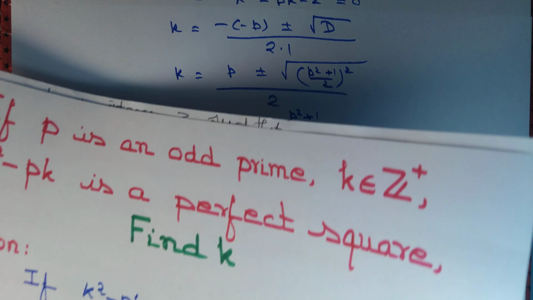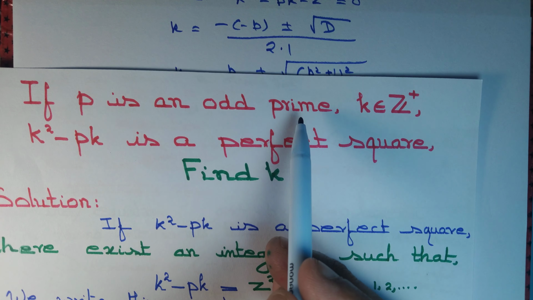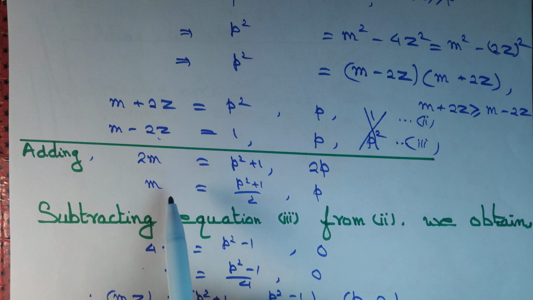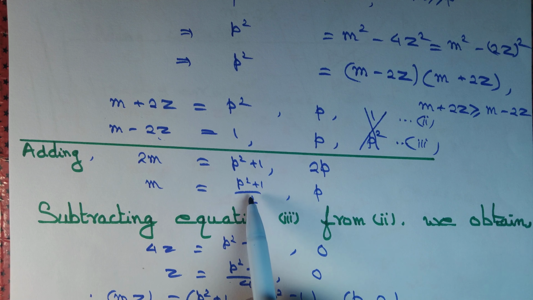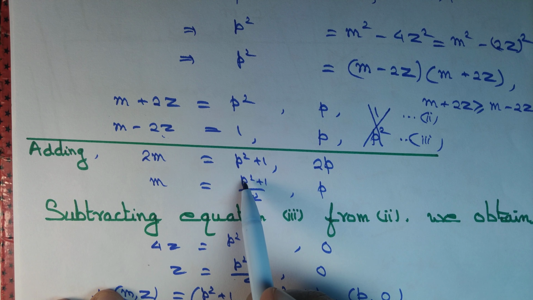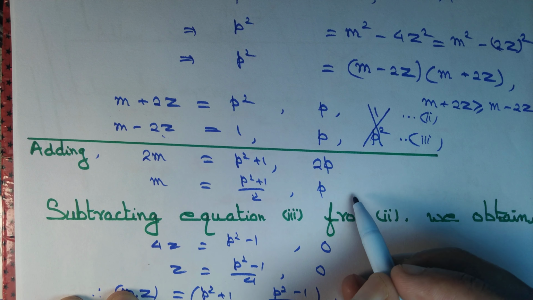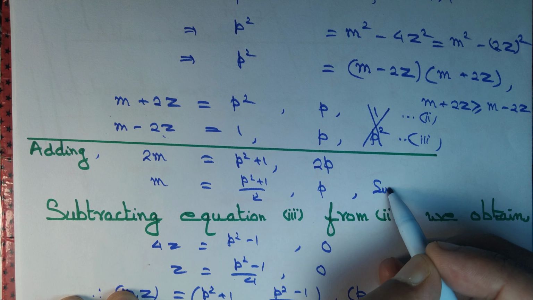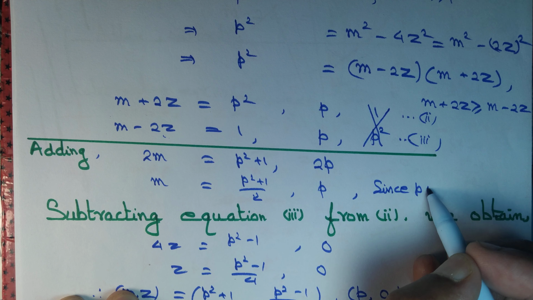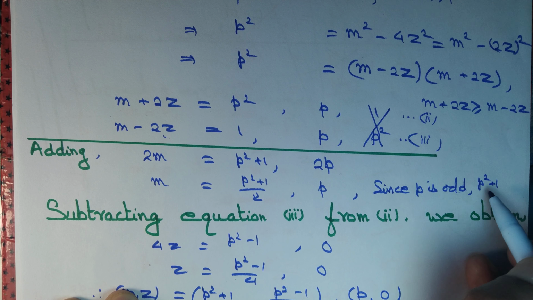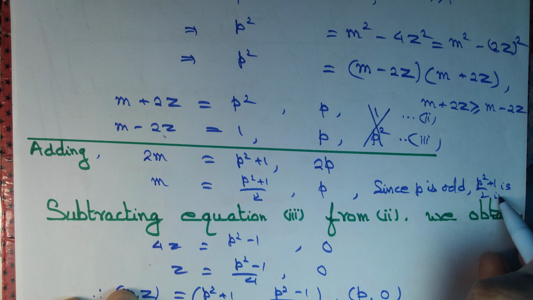But why is it that we are given p to be an odd prime? That's because we are taking m equal to (p square plus 1) by 2. Now if p is even, that is, the only even prime is 2, then p square plus 1 will be 5. 5 by 2 is not an integer, whereas since p is odd, (p square plus 1) by 2 is an integer.